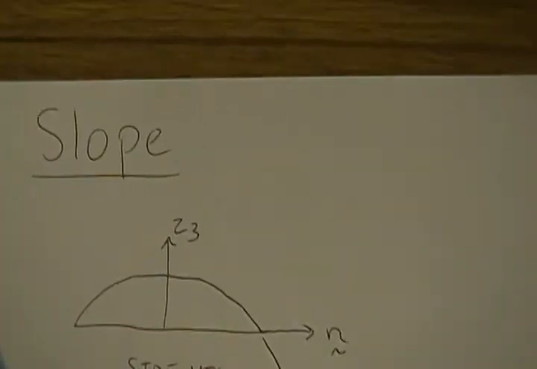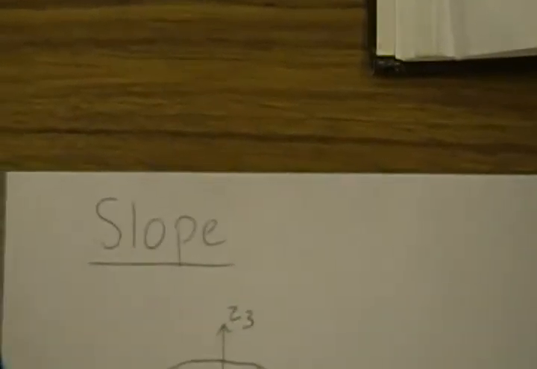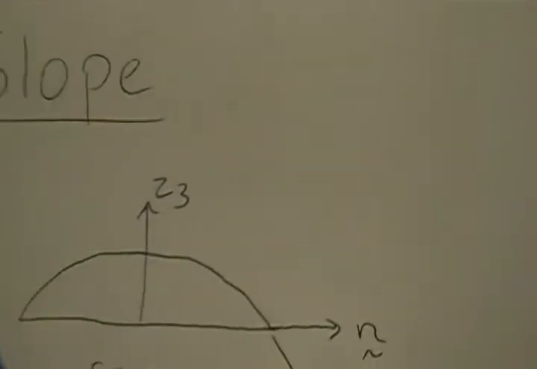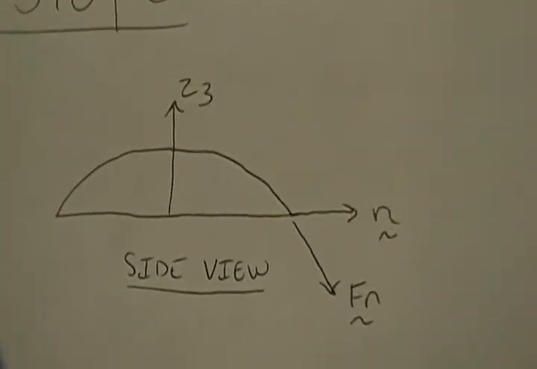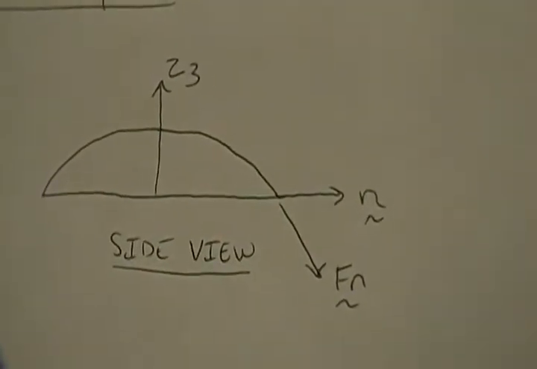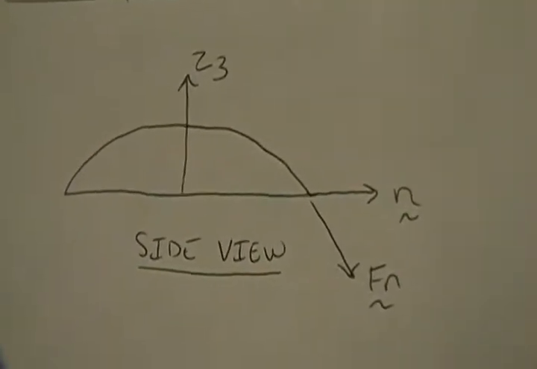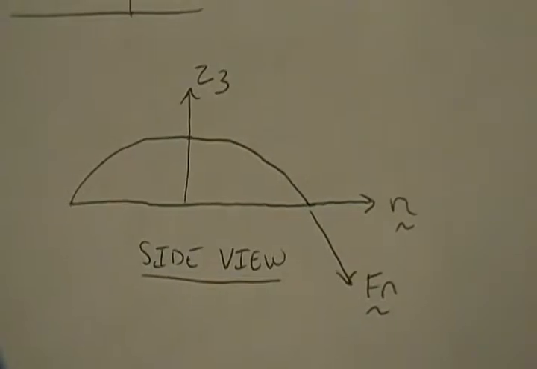Finally, the problem statement asks for the slope of the membrane at the edge after deformation. This is a picture from the side of the deformed shape of the bubble with the z3 direction pointing upwards.